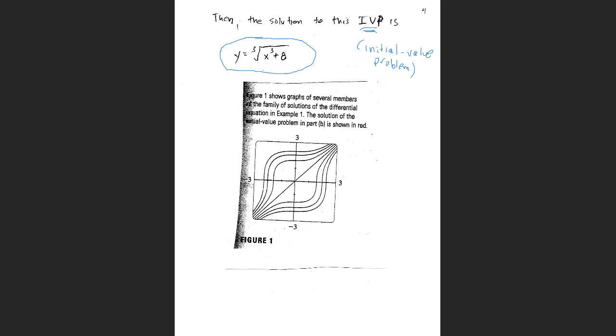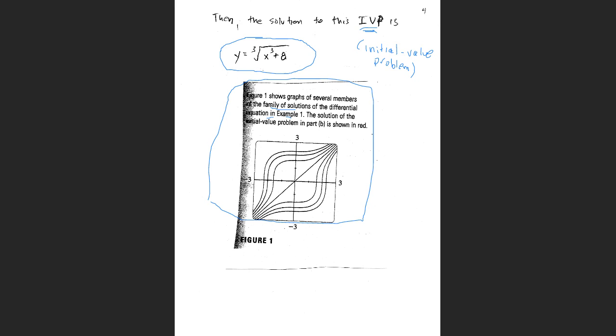And this is figure 1 from section 6.3. And this figure, I just wanted to give you a little perspective. It shows graphs of several members in the family of solutions of the differential equation in our example, which is example 1. The solution of the initial value problem that we did is in red, and I'll highlight that for you right now.